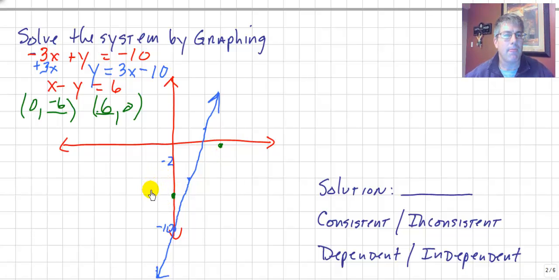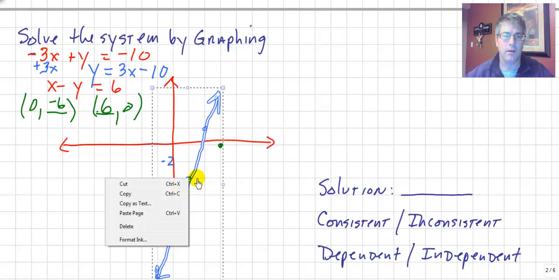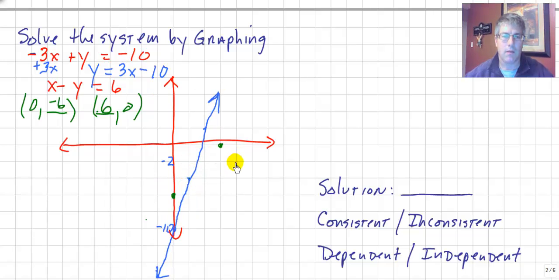So I will go ahead and graph that line. I know my slope of this particular line is 1, so I'm going to have a point here, and I'll have a point here, and this is the graph of x minus y equals 6, and there is my intersection at 2, -4.